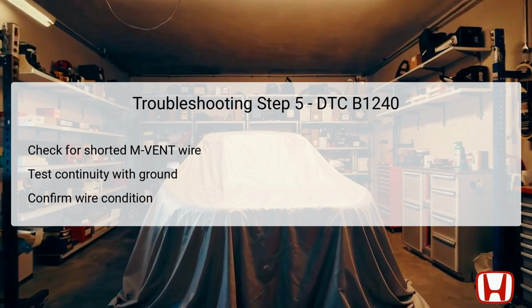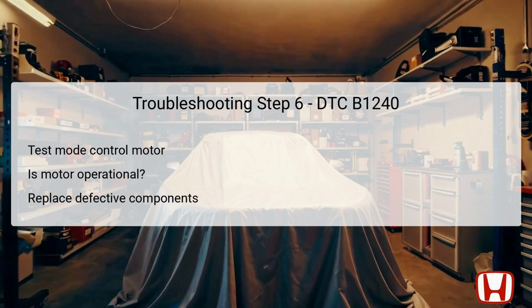If continuity is confirmed, it points to a short to ground situation in the M vent wire. Prompt action is required to repair this wire to restore normal function. However, if no continuity is present, it suggests that the M vent wire is intact, allowing you to advance to the final troubleshooting step concerning the mode control motor's functionality.